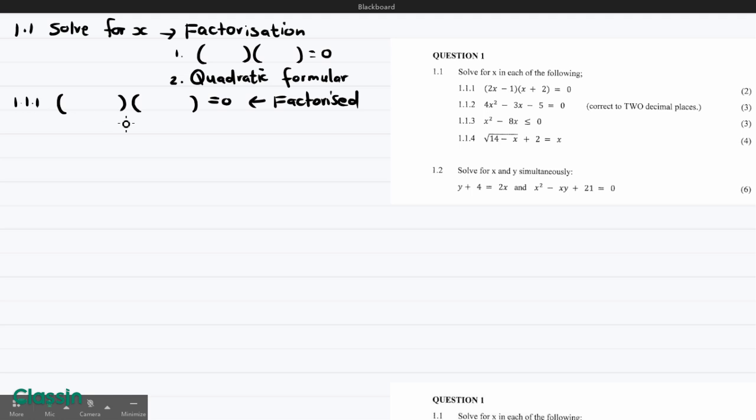They factorized this for you, so what you need to do is to find solutions. You only need to find solutions.